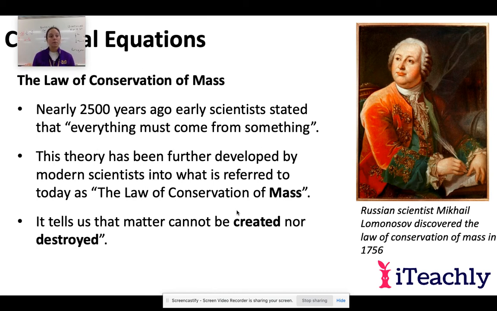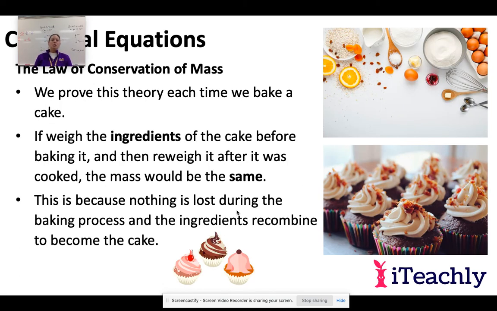So when we write our chemical equations, we need to make sure that we're showing that we are not destroying matter and we're not creating matter. And so what we do is we balance equations to show that. There have been some experiments to prove this. If you weighed all the ingredients that you had before you baked your cake, and then weigh your product, the cake, they're going to weigh the exact same.